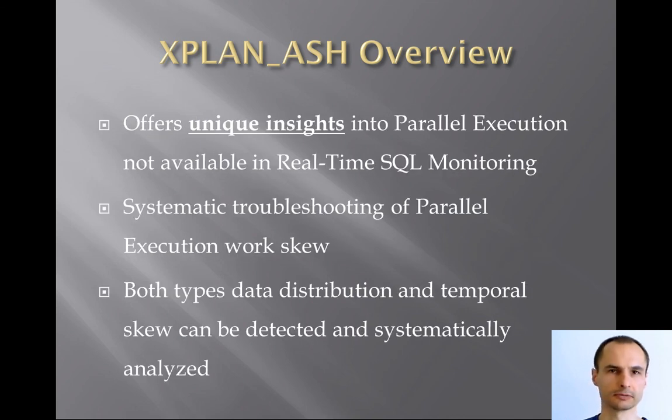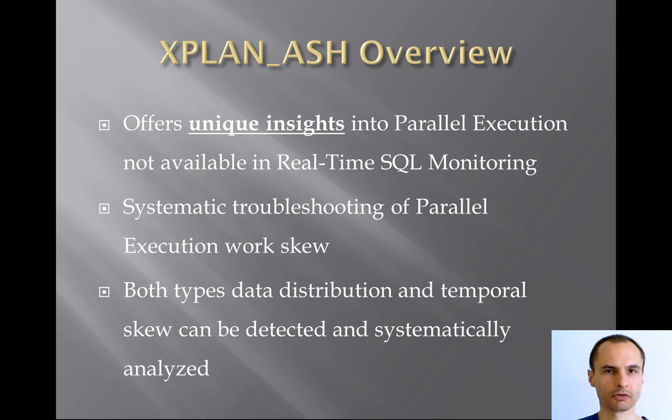One of the unique insights that explain-ash offers is that it allows you to do some special troubleshooting with parallel execution. With parallel execution, you can have the problem that you actually do not get it working hard enough. Your parallel workers are not busy all the time; they're staying idle, and simply by that fact, you might have the problem that although the basic execution plan is efficient, the reduction in runtime that you want to achieve by using parallel execution, you simply do not get.